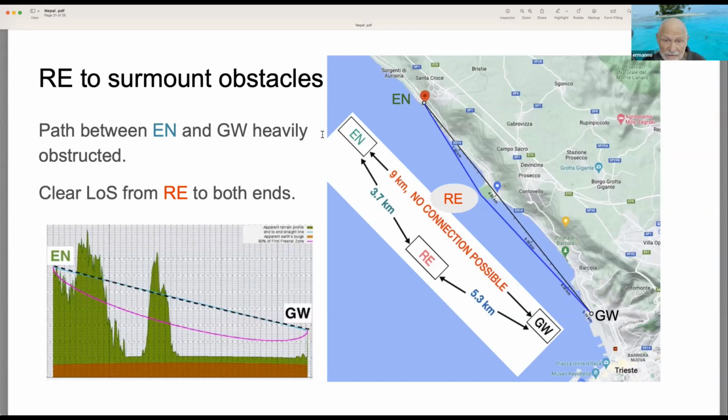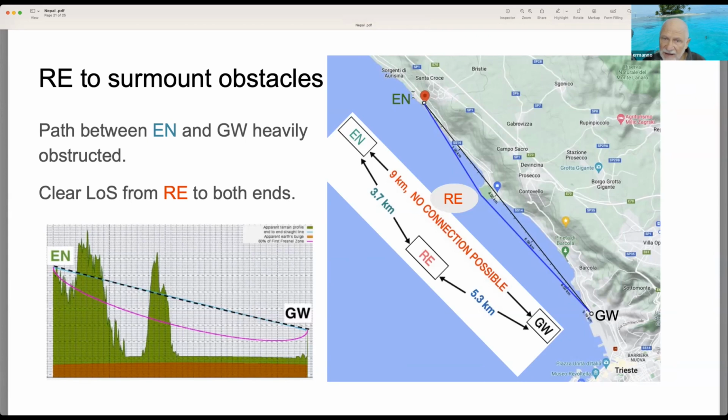So the direct communication was not possible. And so in order to reach the gateway, we deployed a range extender in a place that is just about, in this case, midway between the end node and the gateway, but is very close to the sea, so it's avoiding the hills that are in this region.